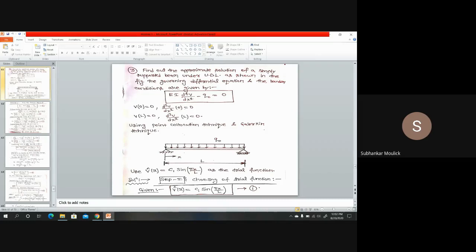I can ask you this question in the other manner as find out the approximate solution of a simply supported beam which is subjected to a UDL of load intensity Q naught. Length of the beam is L. I am not giving you the figure. You have to assume, you have to think how the figure will be by point collocation technique and Galerkin technique.